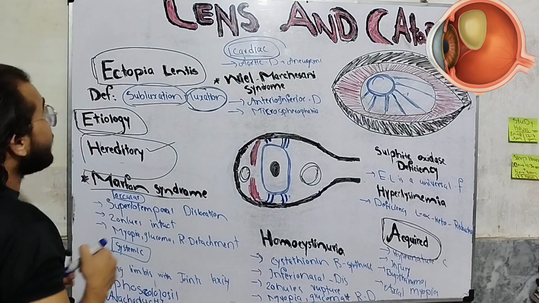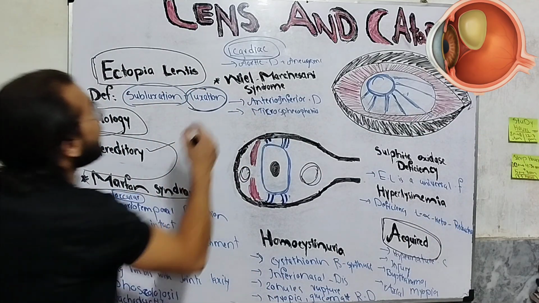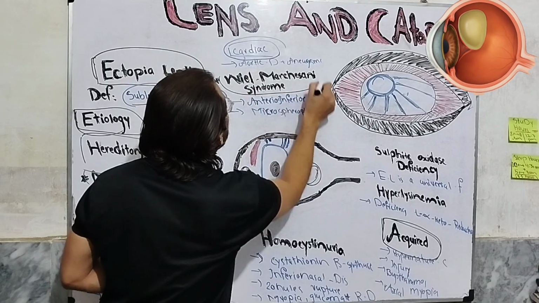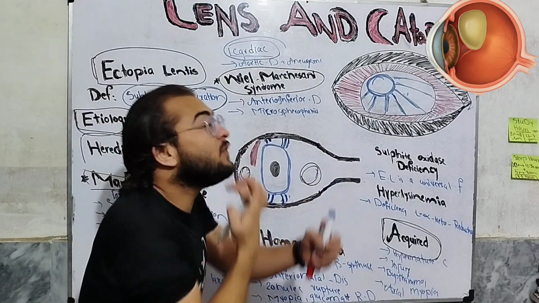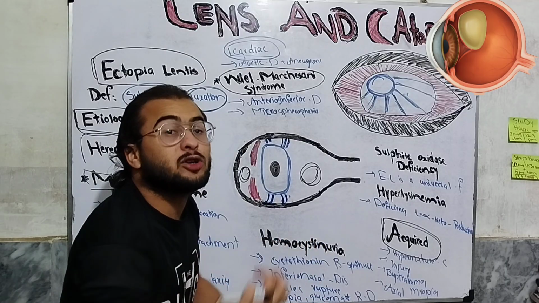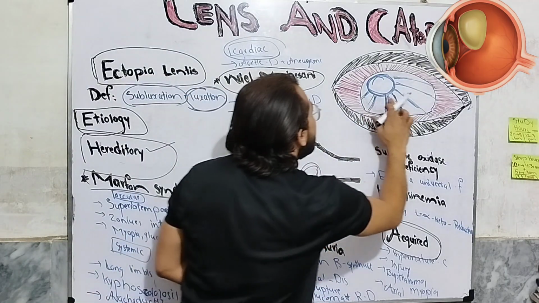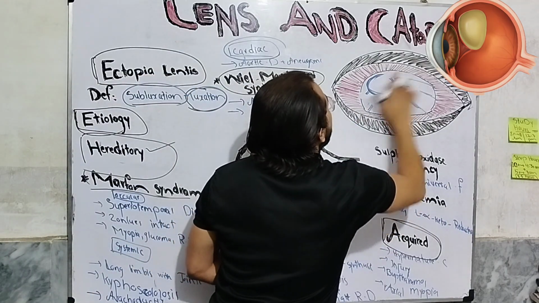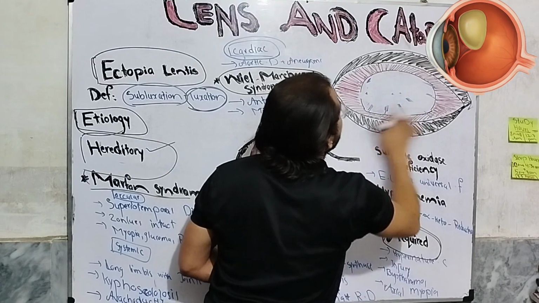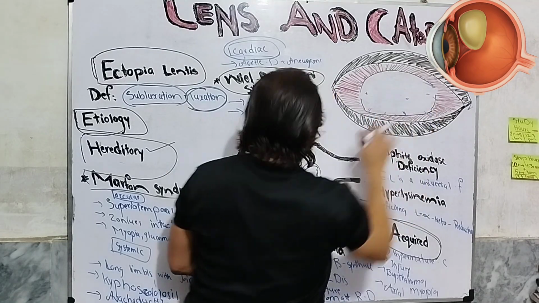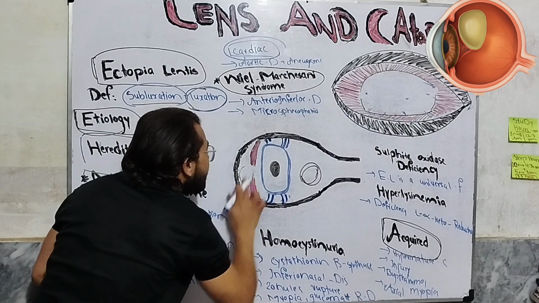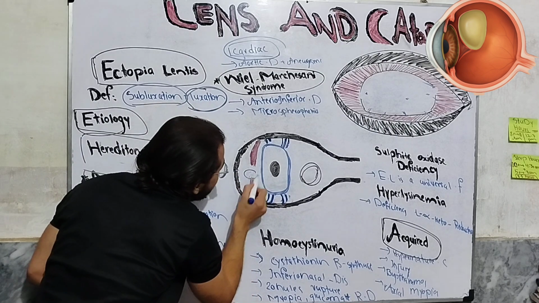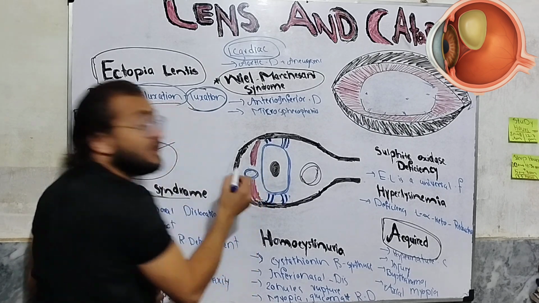Now the second syndrome is Weill-Marchesani syndrome. It is characterized by inferior anterior dislocation of the lens. The lens will dislocate anteriorly into the anterior chamber, and inferiorly.